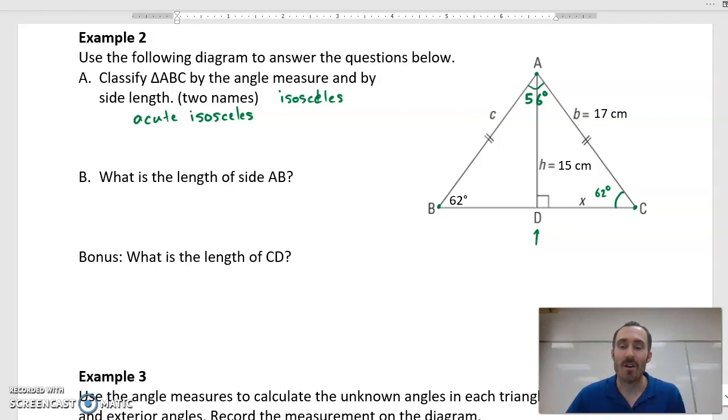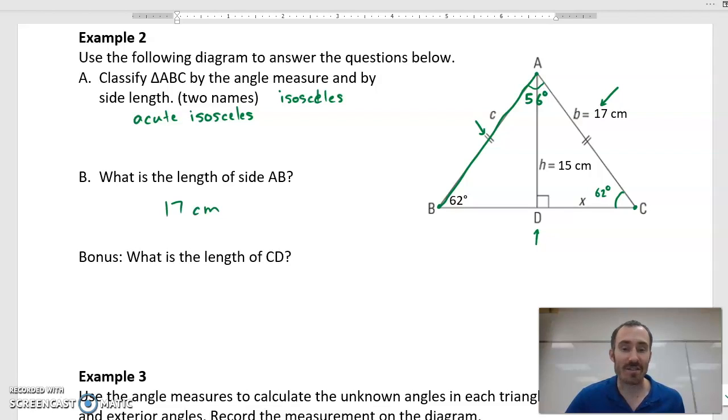That's fine. What is the side length of AB? Okay, so AB is this side length over here. We don't actually need to do any calculations to figure that out because we know that this side length is the same as this side length. And so that would be 17 centimeters then.